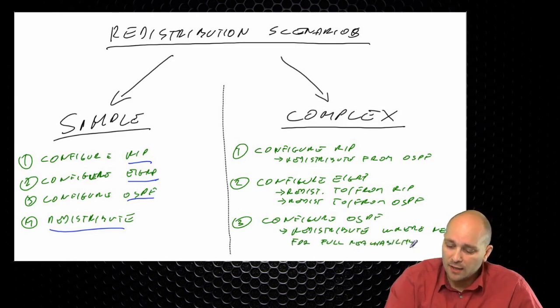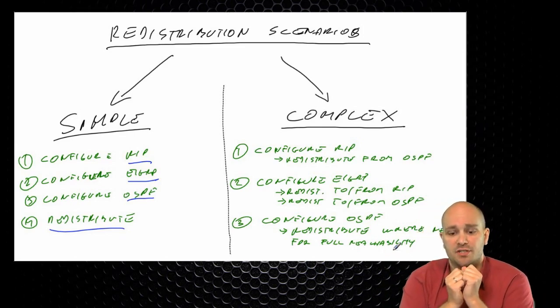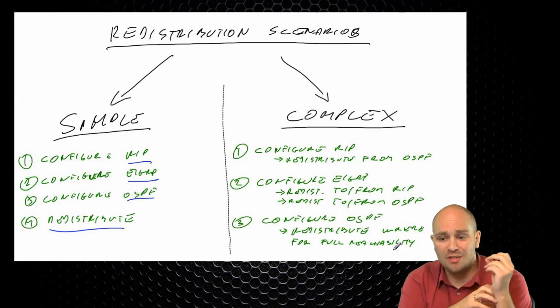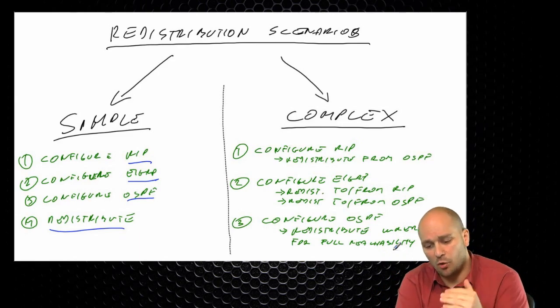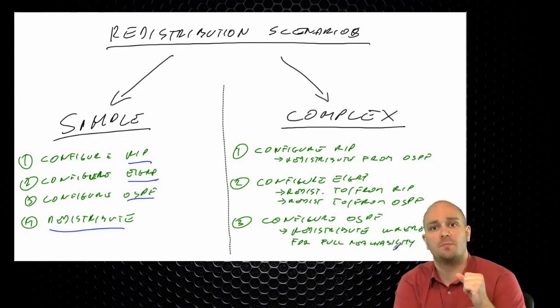Can you actually get OSPF points unless your whole network functions correctly? The answer is no. You cannot get those points because OSPF task requires redistribution where needed to have full reachability. So if you don't have full reachability, no OSPF points.